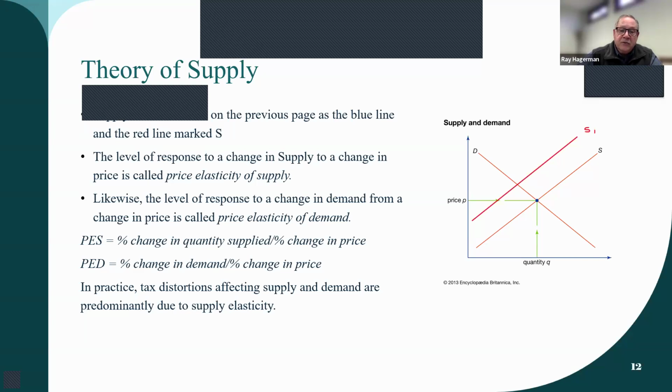That percent change based on the percent change in price is the price elasticity of supply. The converse is also true, that a percent change in demand based on the percent change in price is what the price elasticity is.